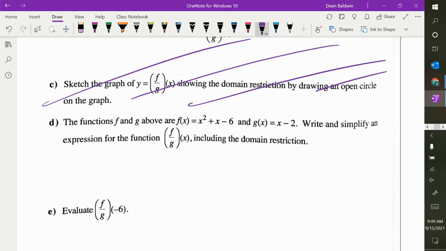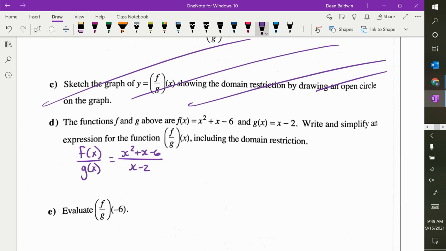So, we have f over g of x, okay? Which means f of x over g of x. F of x is x squared plus x minus 6. G of x is x minus 2. Okay.